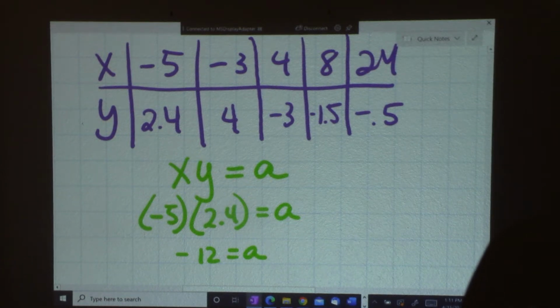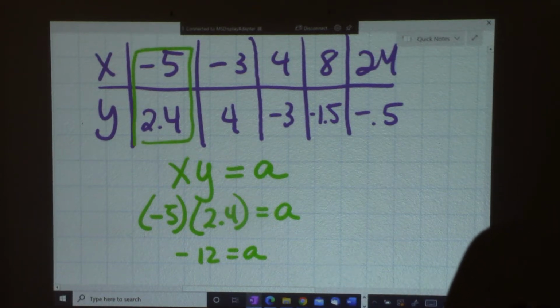That point, for this table, I already know is on the graph. All of them are. I just want to know by looking at it and multiplying if it's an inverse function. So what I'm going to do is multiply all my x and y values.